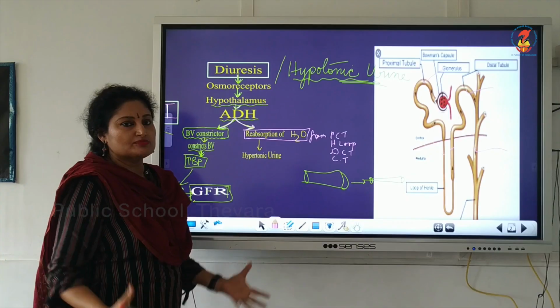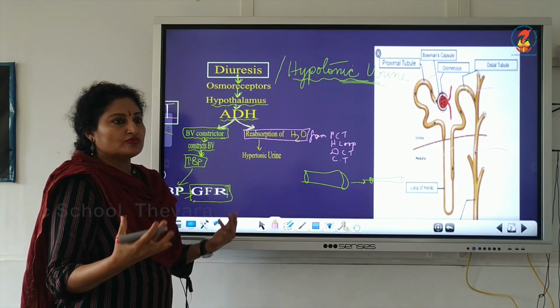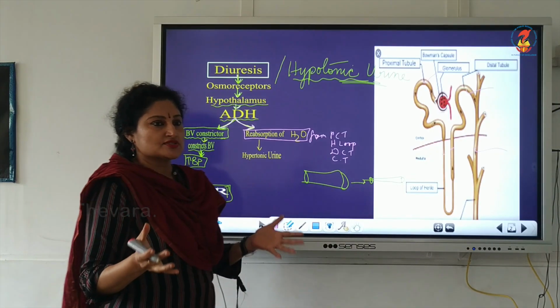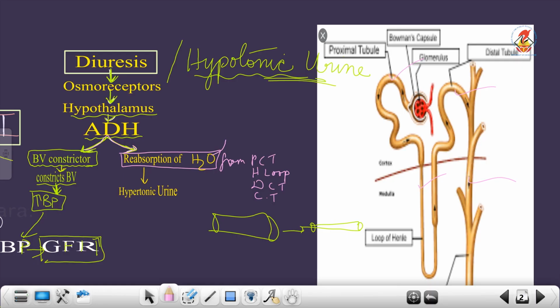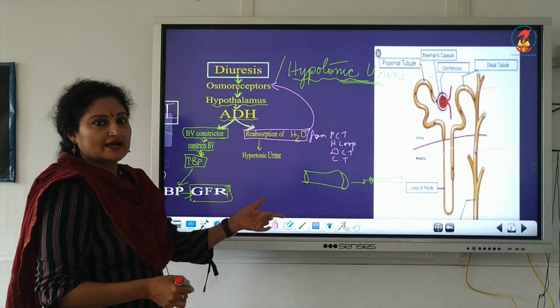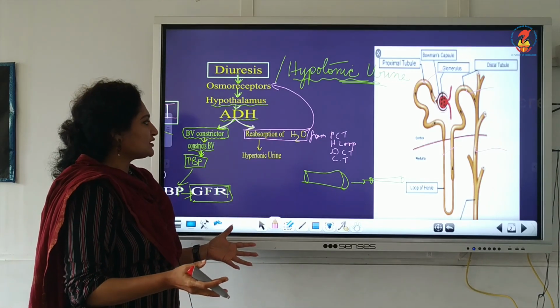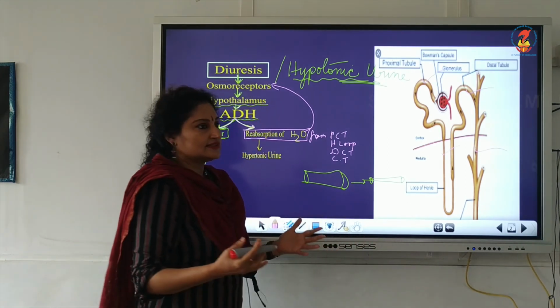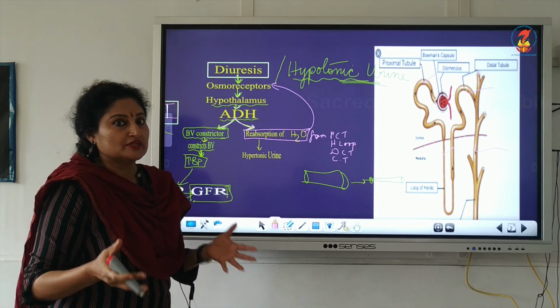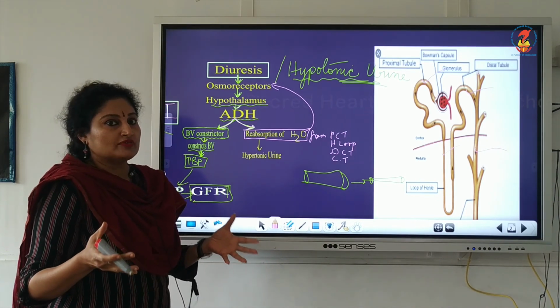When water is reabsorbed, what happens? The blood gets a lot of volume of water, and that itself gives a feedback, switching off our osmoreceptors. When water is reabsorbed from the PCT, DCT, loop of Henle and the collecting duct, the blood volume increases, or the fluid of our blood increases.